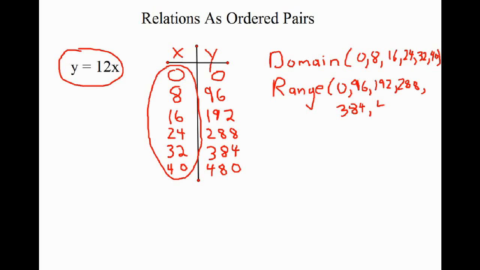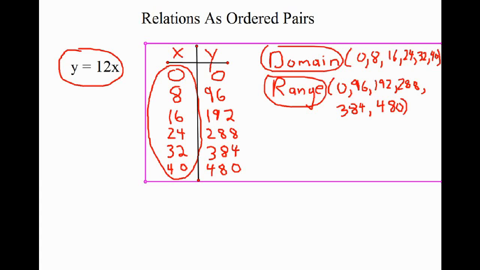So with some mathematical relationships, there are limitations on what the values of x can be, and that usually means there are limitations on what the values of y can be. The limitation on what x can be is the domain. The limitation on what y can be is the range.